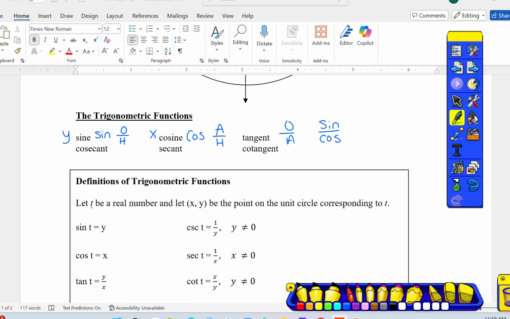Now, adding on to that, there's three other trig functions that you probably didn't do in geometry. They're actually the reciprocals of the trig functions right above. So the reciprocal of sine is called cosecant. We abbreviate that CSC. And instead of opposite over hypotenuse, it's hypotenuse over opposite.